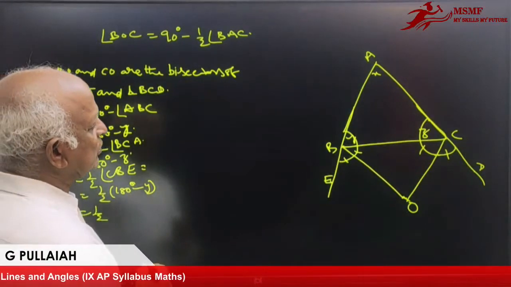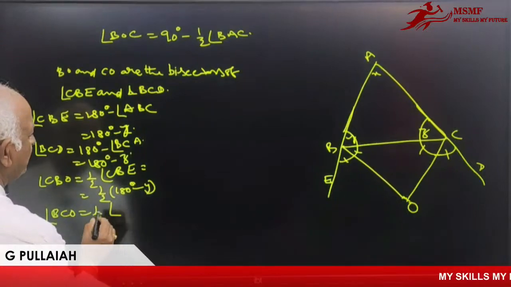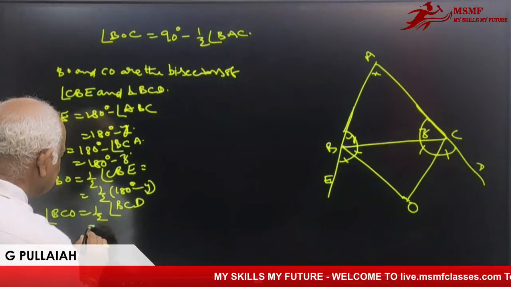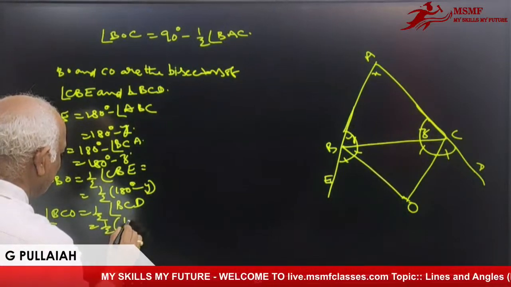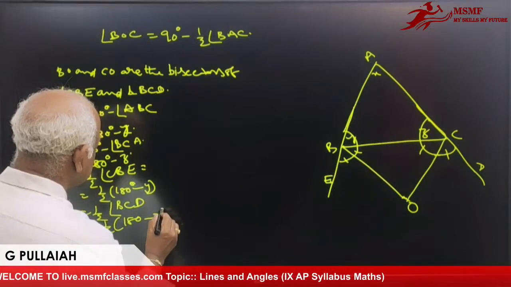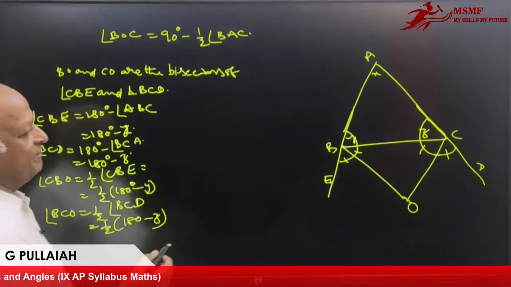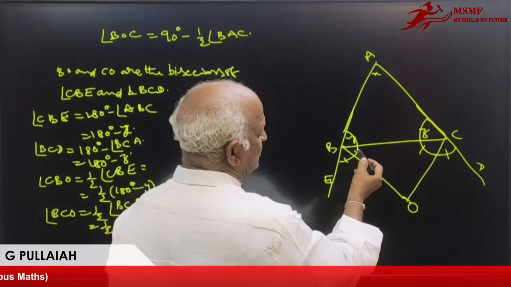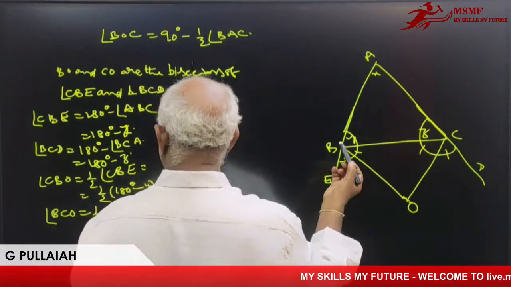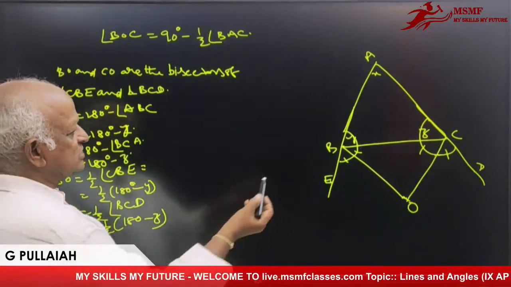And angle BCO is equal to half of angle BCD, that is nothing but half of 180 minus z. So angle CBO is half of 180 minus y.